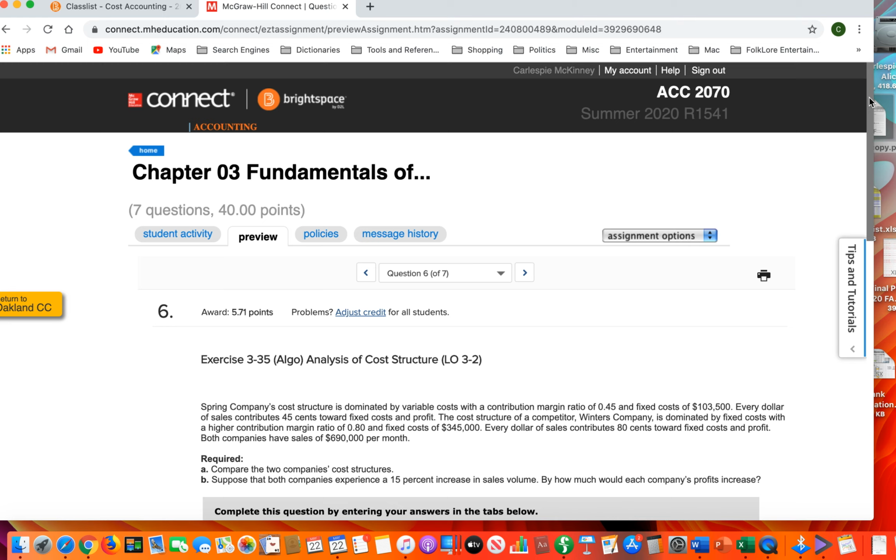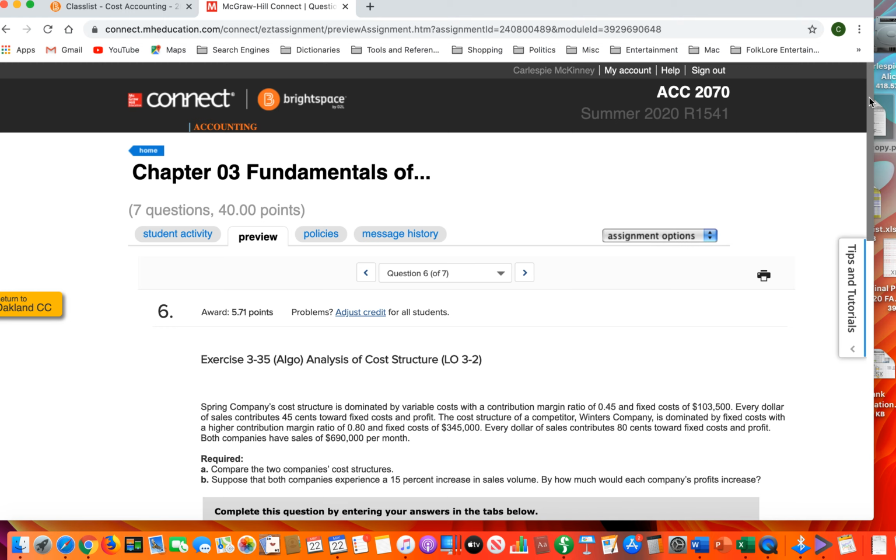So if you take the contribution margin for spring at 310,500 and divide it by the profit of 207,000, you'll get 1.50. And any kind of percentage increase in sales will tell you what the profit will increase by.